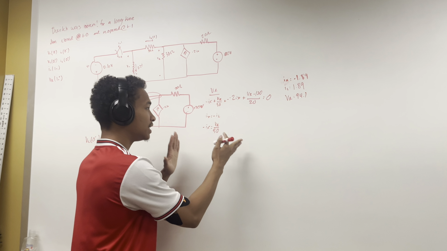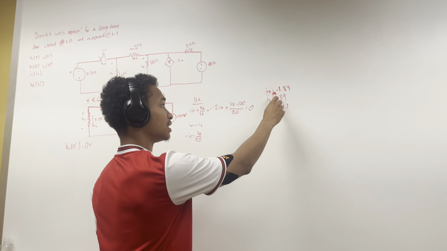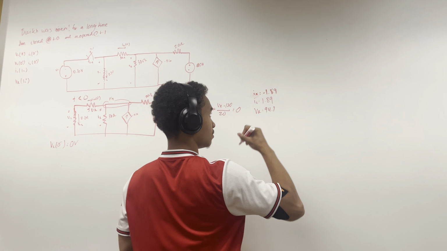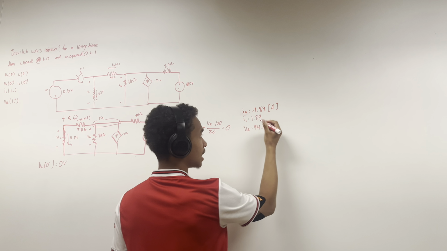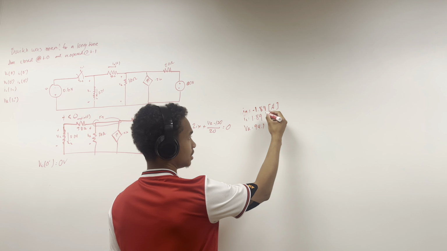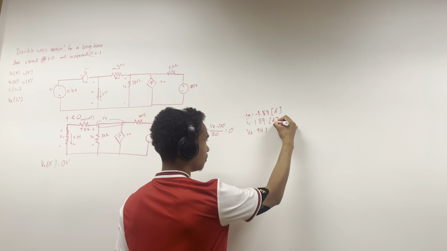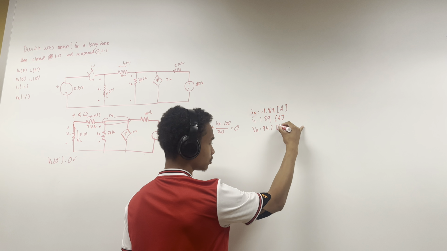Alright, so plugging these equations in, we get that IX equals negative 1.89 amps. And since IL is negative IX, IL is just positive 1.89 amps. And we have that VR is 94.7 volts.